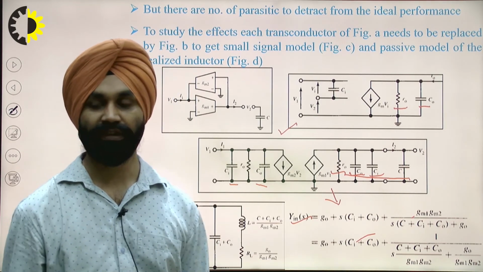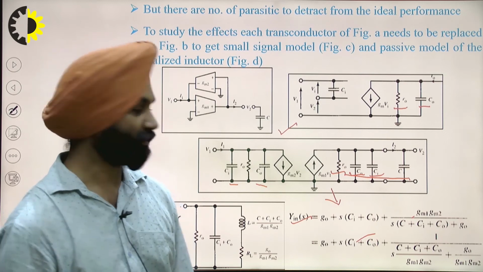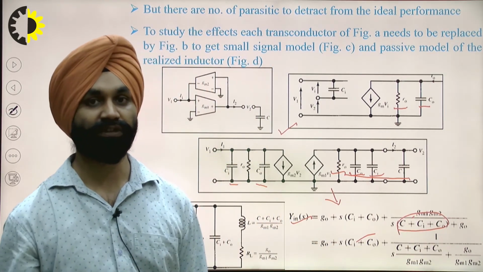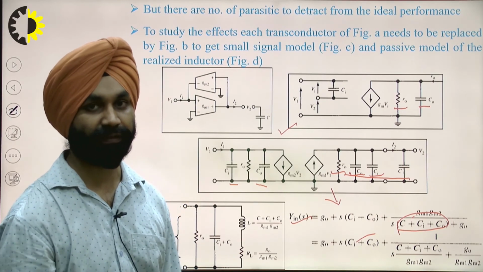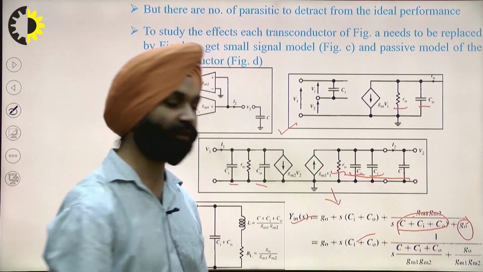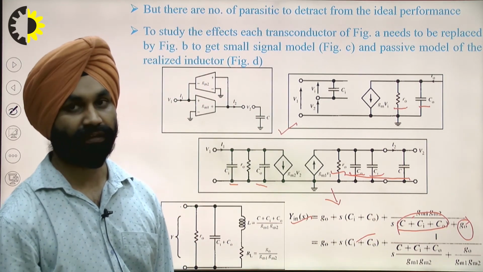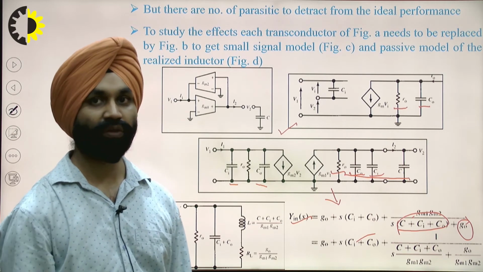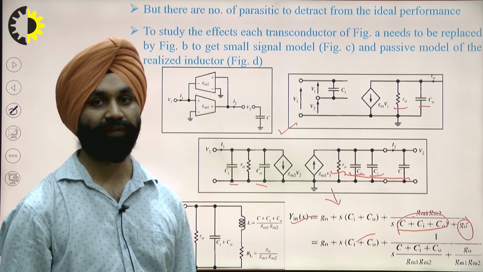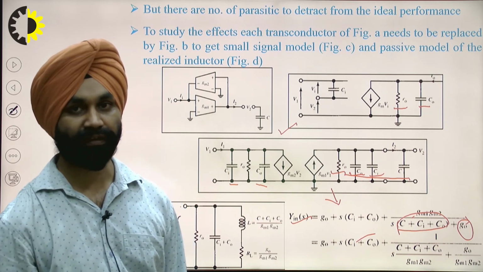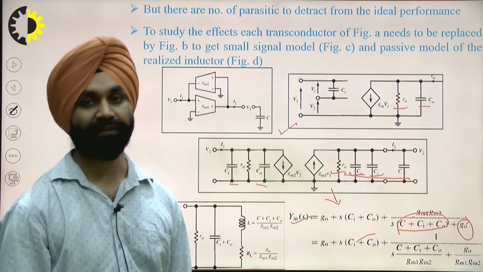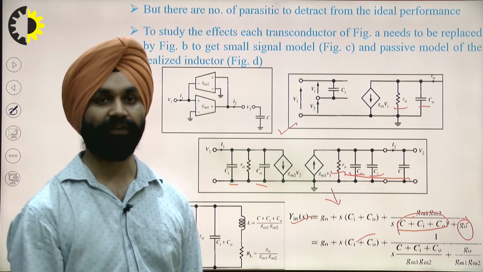So this gives a change in the capacitance value by C plus some value, plus there is a conductance G included in this circuit. So the whole circuit gives different values of capacitor and inductor when the parasitic or internal capacitance is taken into consideration.